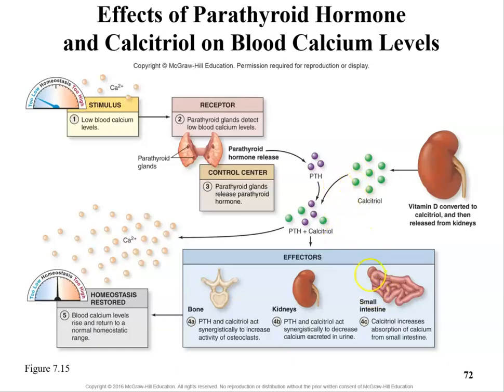Parathyroid hormone then goes on to exert its effects on bone, kidneys, and calcitriol then will also act on the small intestine. All of this is going to restore homeostasis, increasing blood calcium levels back to normal.